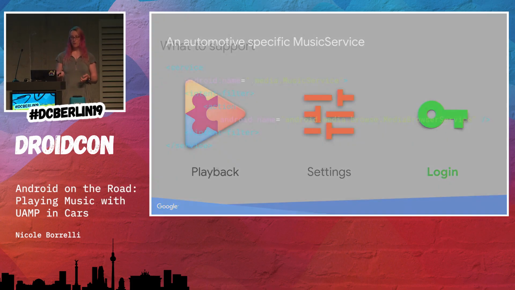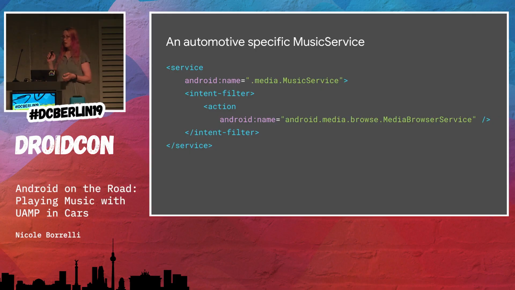The other interesting part is that UAMP itself, for the mobile version, doesn't support login. Or it doesn't require login. And so what I needed to do first is I had the media browser service, but I needed to extend it.